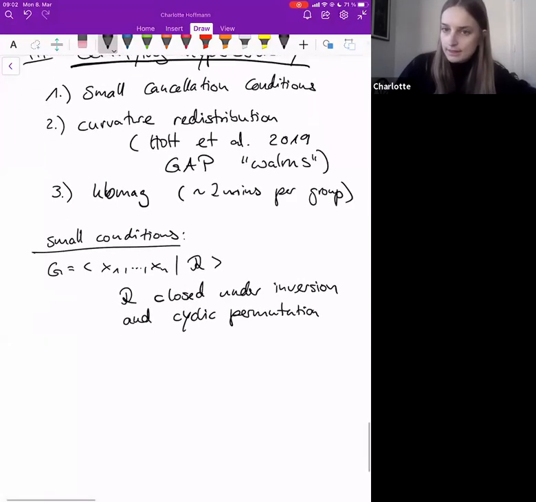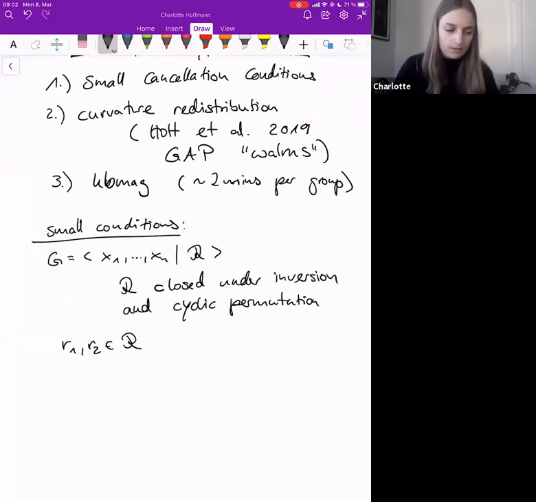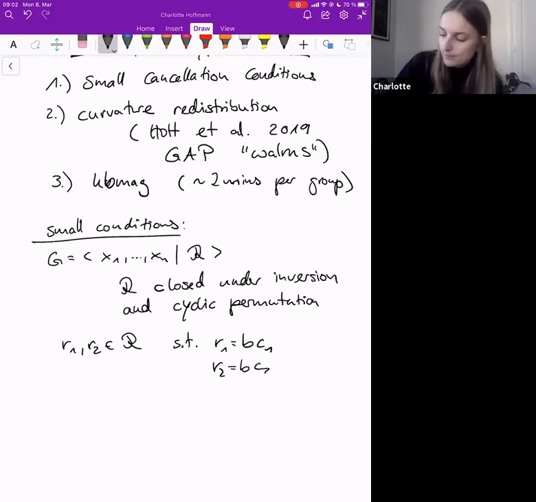And then I define a piece. So this is if I take two elements from the set curly R, such that they both start with the same subword B, then this subword B is called a piece.